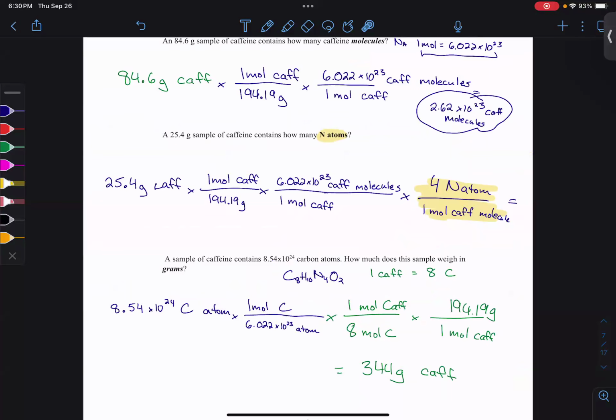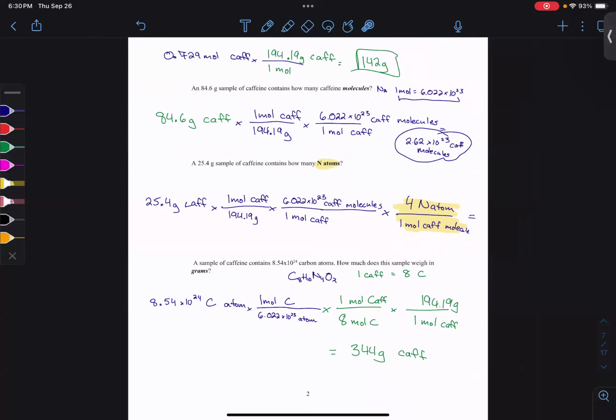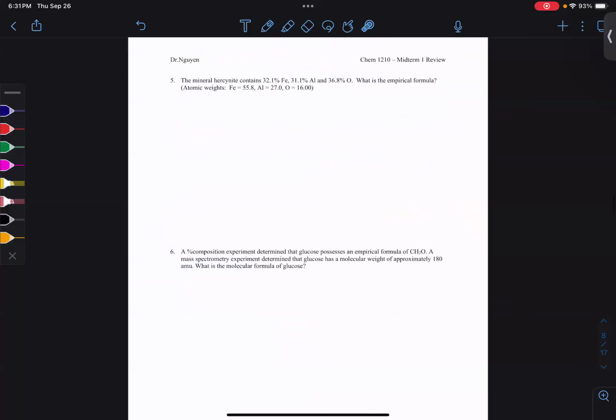You need to get very good at molar masses, because who's going to go on to Chem 1220? Like everyone, yeah. It's going to be assumed you know how to do it. So if it's a struggle, practice 50 times until you get it right the first time, all right? Because in 1220, it's going to be assumed you know how to convert between grams and moles.